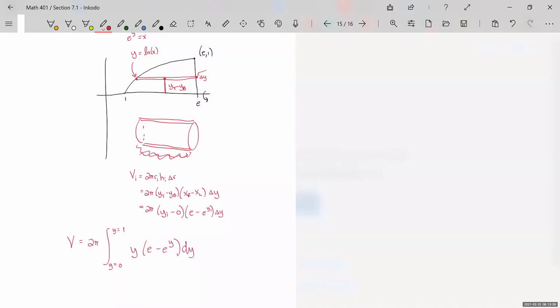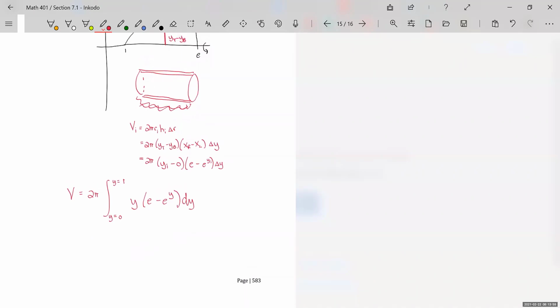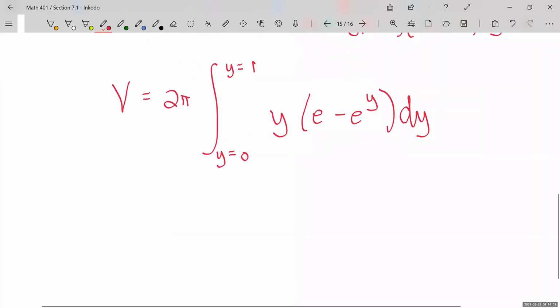This is in this section because if you distribute that y, you'll figure out very quickly you need integration by parts. So I'm going to use a different ink here. This is 2 pi, integral from 0 to 1 of y times e. E is just a constant, so think of it as 2y or something like that.